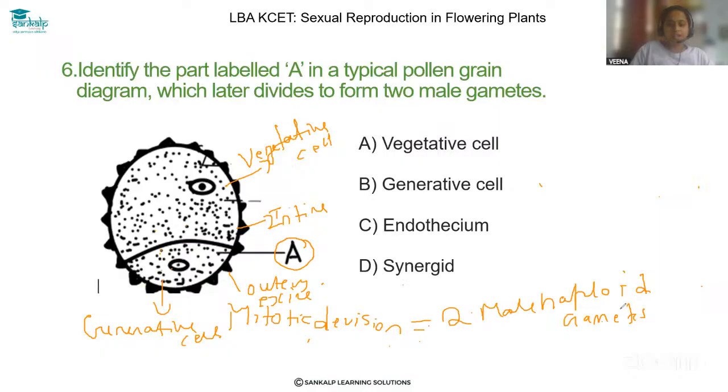So the correct final answer is generative cell. So the part labeled A is the generative cell.